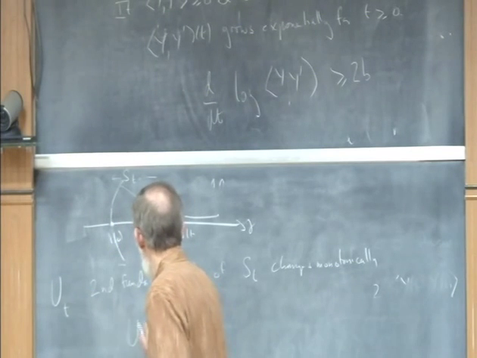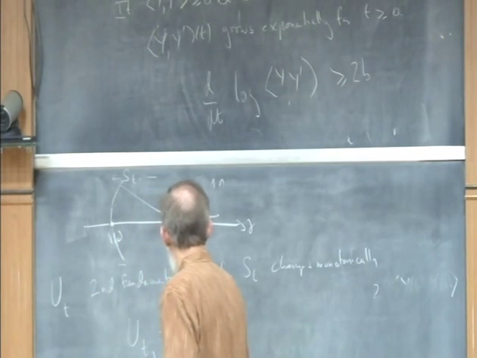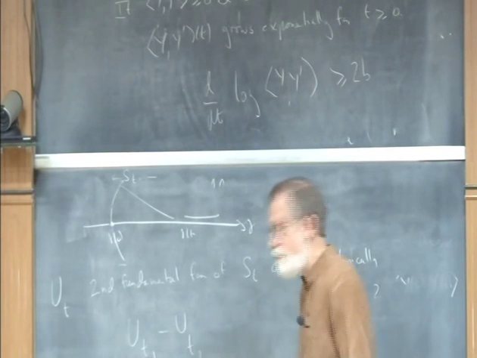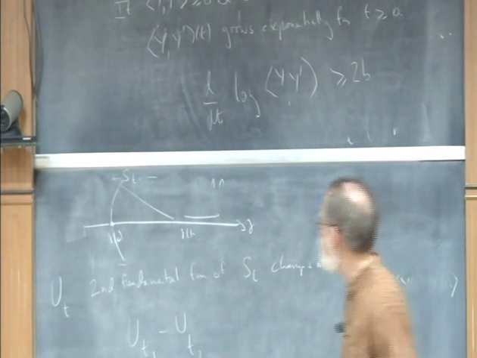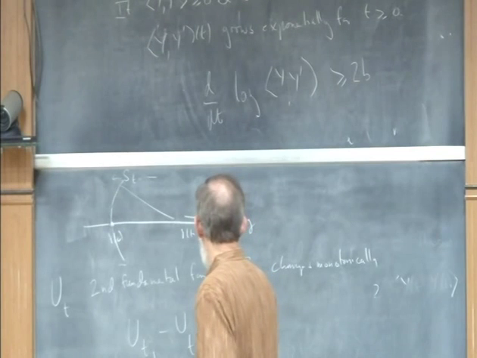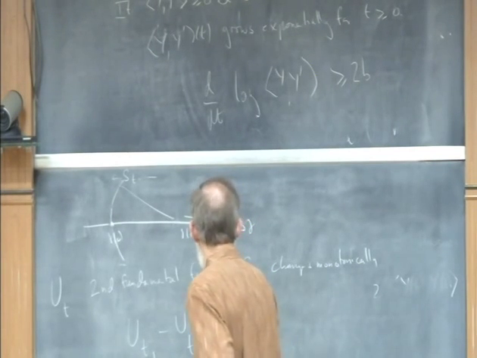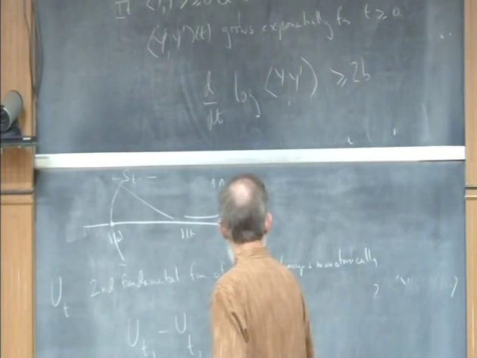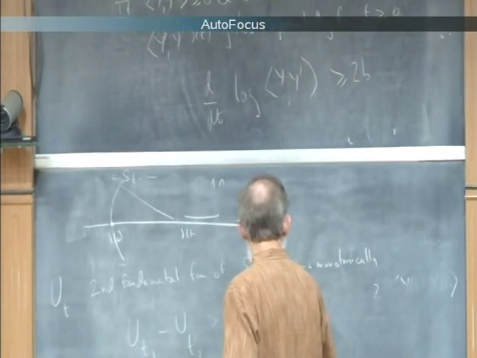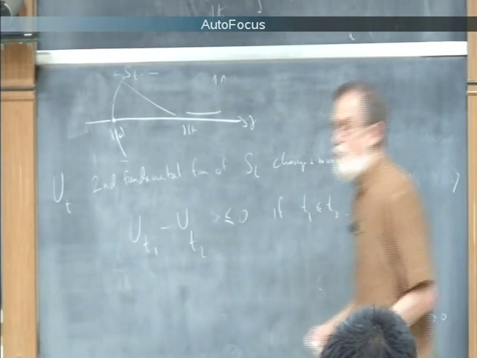If I look at U_t1 minus U_t2, this is a difference of two symmetric matrices. I think I want to say that it's less than or equal to 0 if t1 is less than or equal to t2.